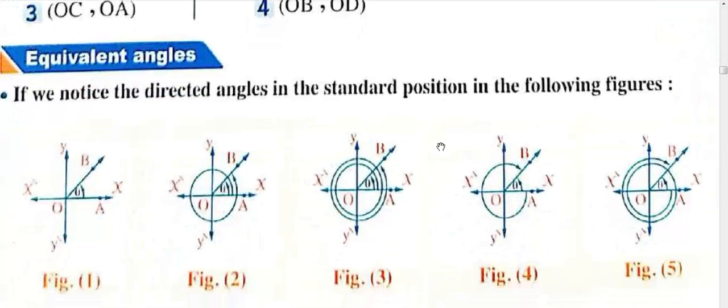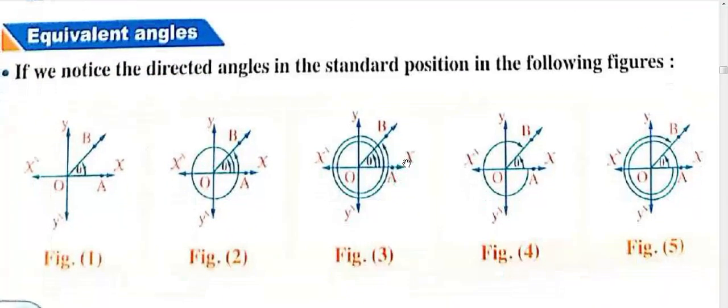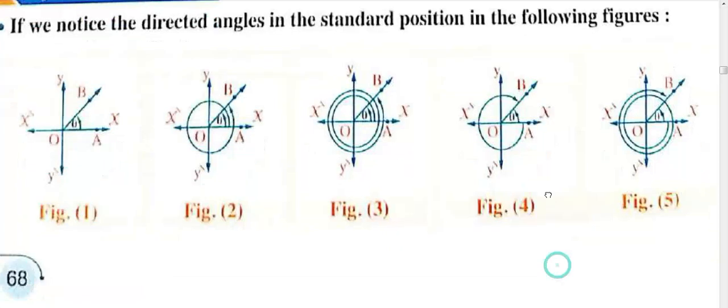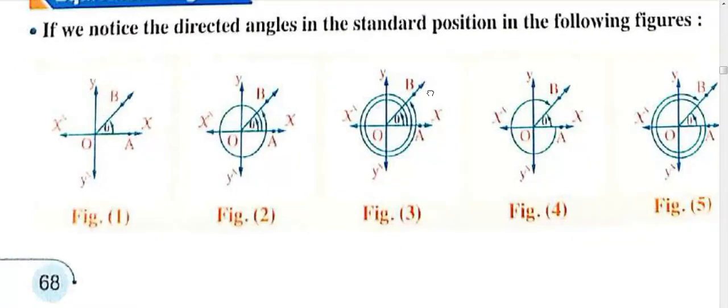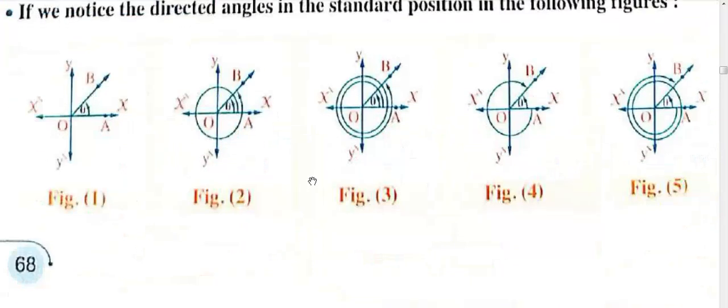Look at here, equivalent angles. Notice the directed angles in standard position in the following figures. Look at figures 1, 2, 3, 4 and 5. We can find equivalent angles.